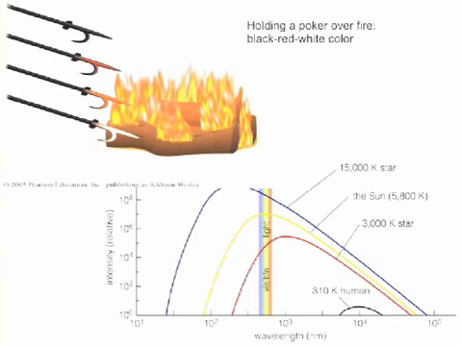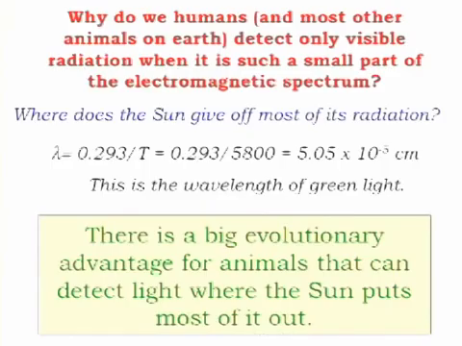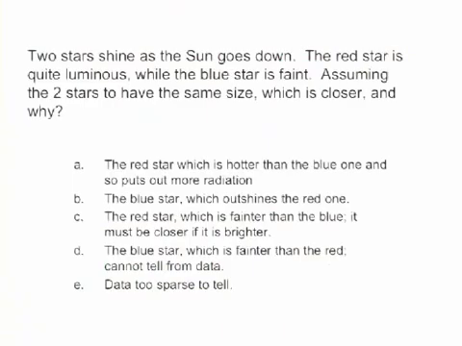All right? So now here's the question. Two stars are shining. The red star is quite luminous. The blue star is faint. You see them in the sky. The red star is a bright star, you can see it's bright, and the blue star you see as a faint star.